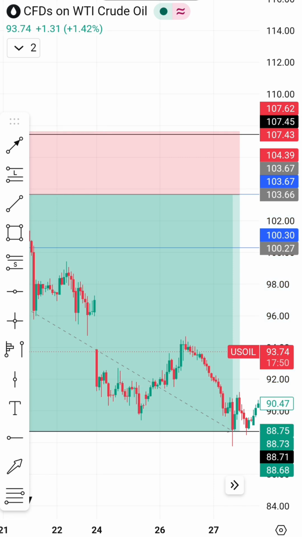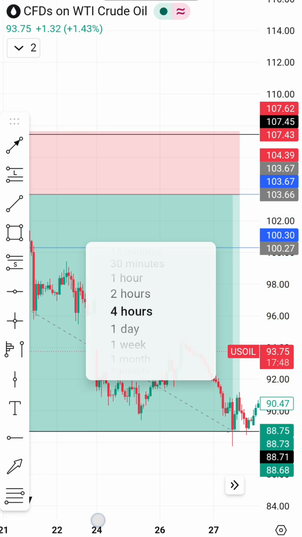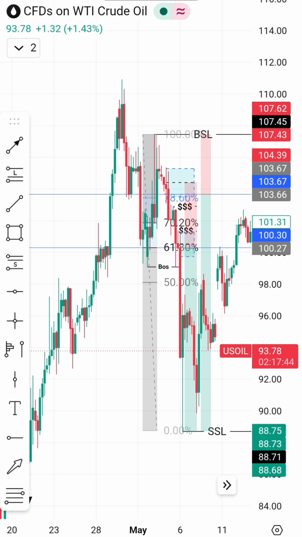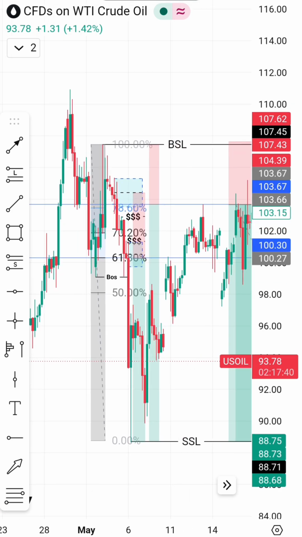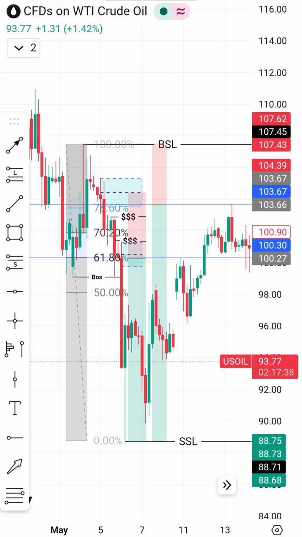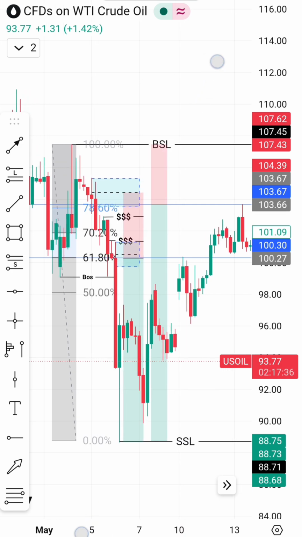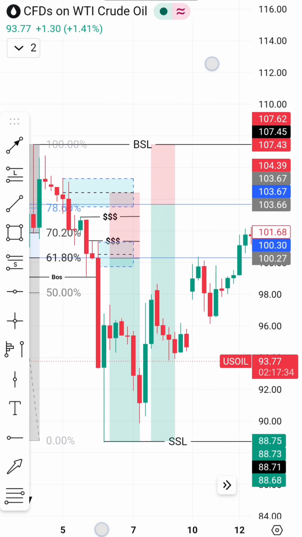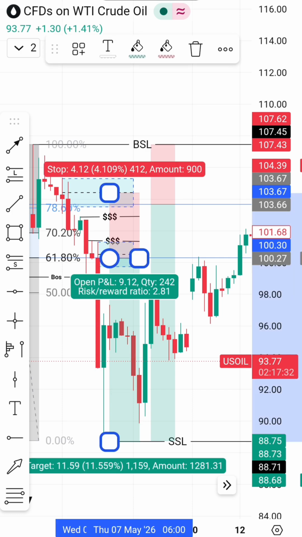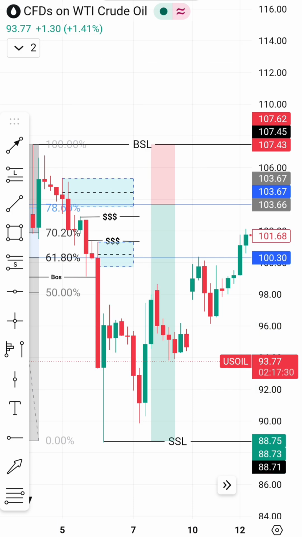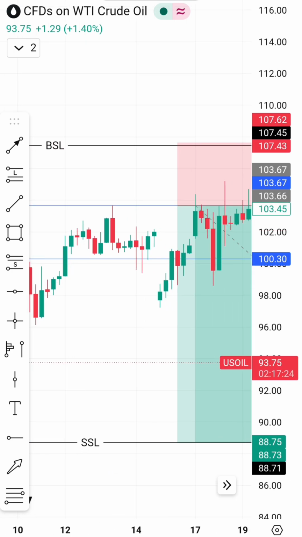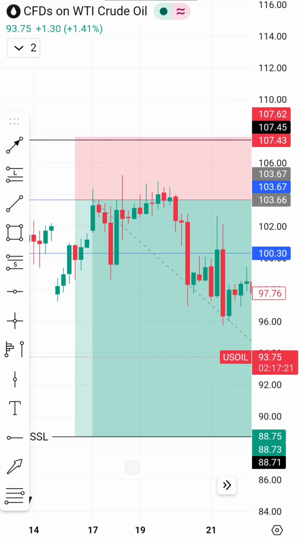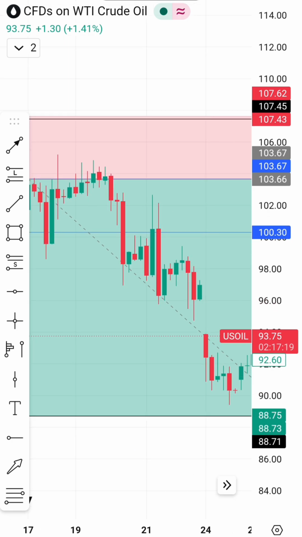Now we can move to 4 hours so that we can see it correctly. See, the first one was a loss, but the second one, the market got into the trade and then the TP hit.